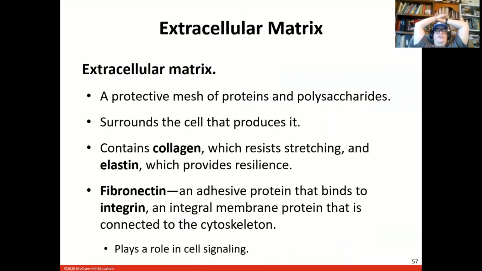So the extracellular matrix, this means stuff outside the cell. It's not just the plasma membrane and then you're done. Outside the plasma membrane, you've got proteins, cytoskeleton-y type things, fibers that go along, and sugars and things like that. They surround the cell that is making them.